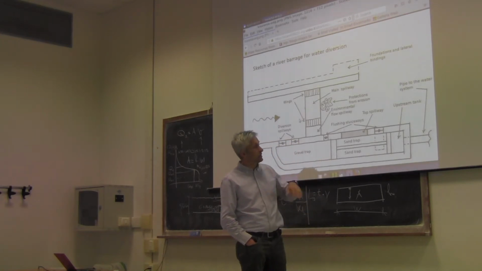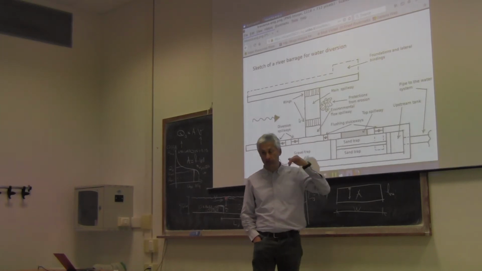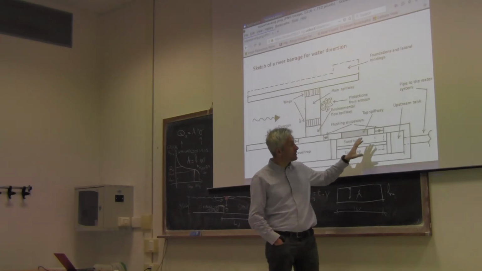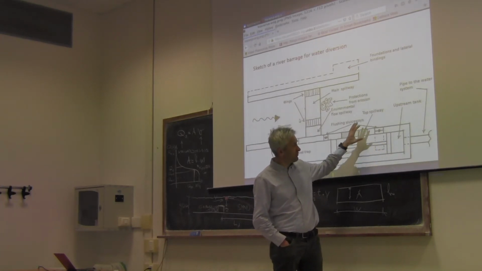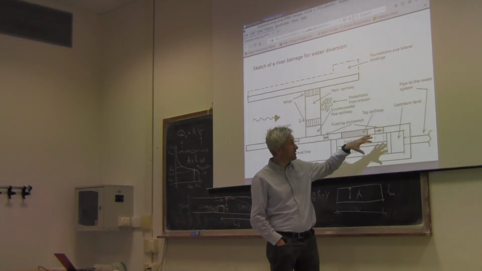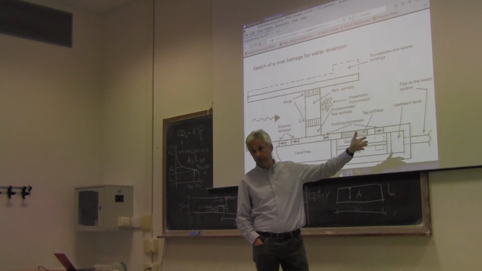And then let's look at what happens downstream. Downstream, you have to take the water and bring it downstream. Not always, because sometimes there are hydropower plants which have a turbine directly located here and releasing water directly back into the river.